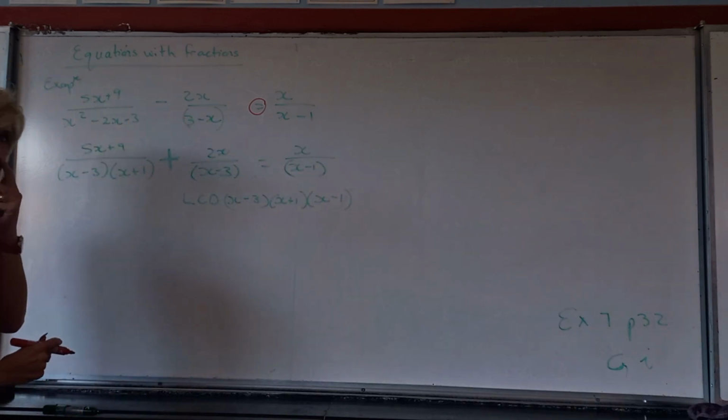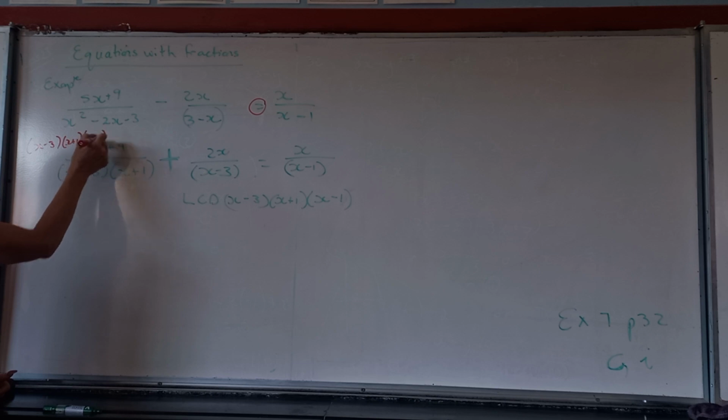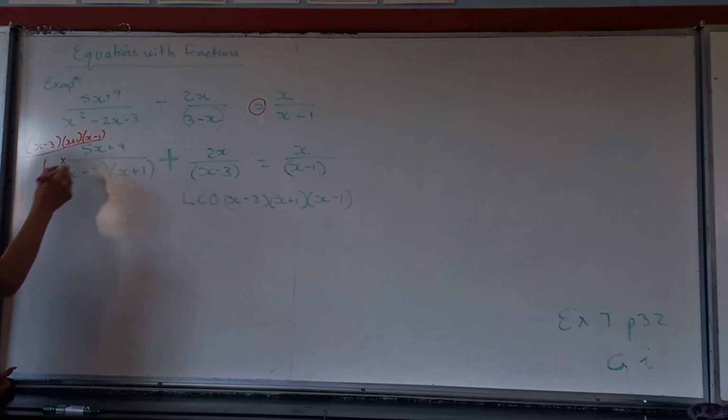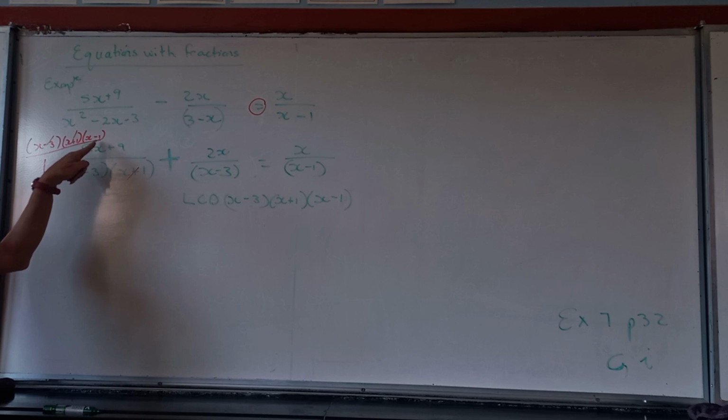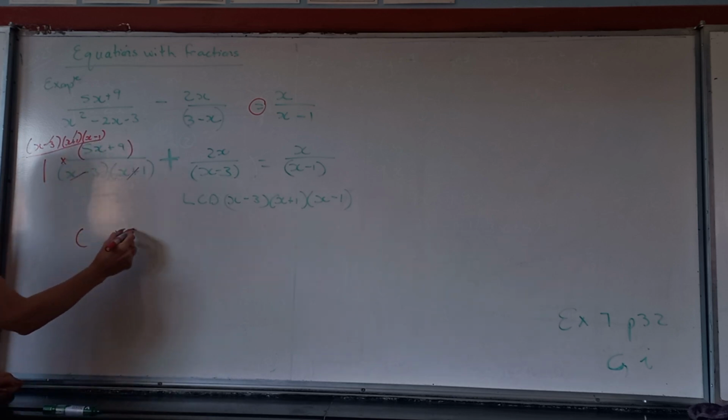So here's what you're going to complete for me at home. You're going to have x minus 3, x plus 1, x minus 1 over 1 here. Not enough space. And what's going to happen to it? That's going to fall away. And the plus is going to fall away. What's going to be left? X minus x minus 1 times this whole thing in brackets.